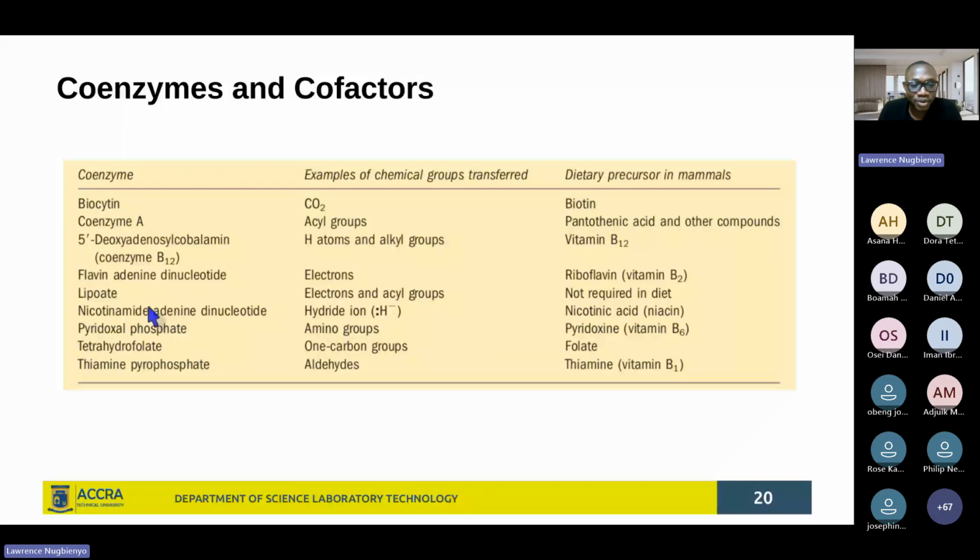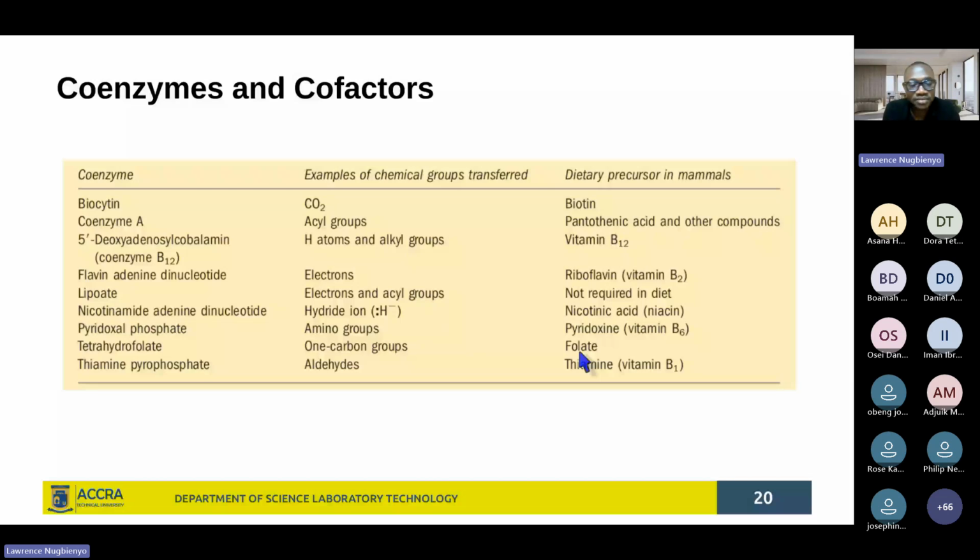We see tetrahydrofolate involved in transfer of one carbon groups like methyl groups, aldehyde groups, it can be methylene groups, and it's coming from the vitamin folate, which is what you commonly refer to as folic acid.